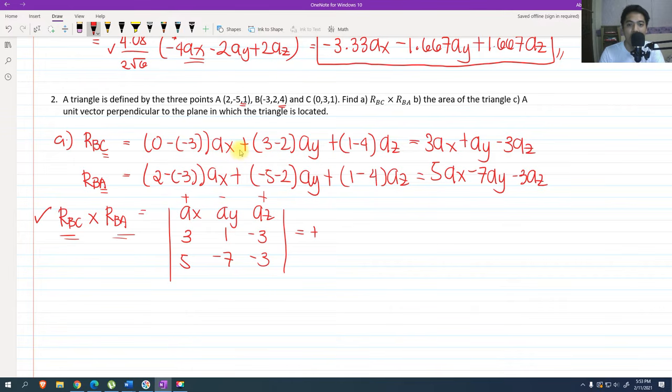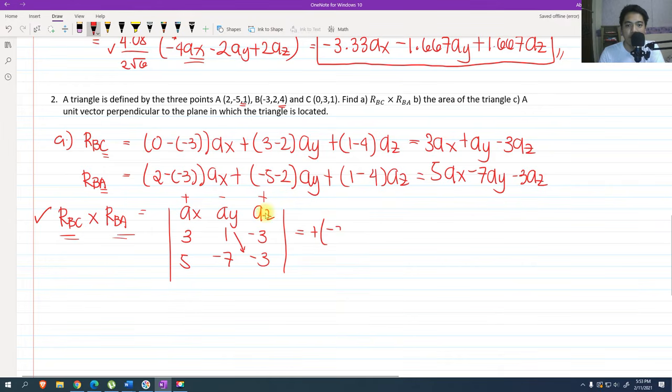So we have plus, automatic, that's positive. We have to block this column as if we are not seeing this AX, in order to get AX. So get the determinant. So that must be 1 times negative 3. That is negative 3.